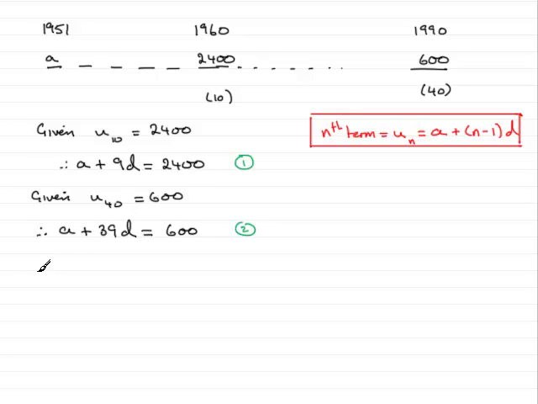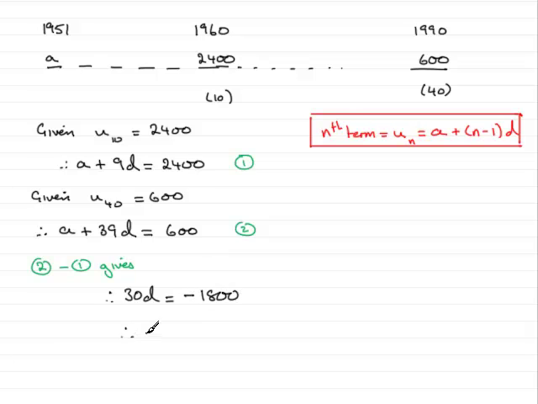If I was to do equation 2, say, minus equation 1, what's that going to give me? Well, the A's, A take away A, they disappear. Then I've got 39d minus 9d, so that's going to be obviously 30d. And then I've got 600 minus 2,400, which is minus 1,800.